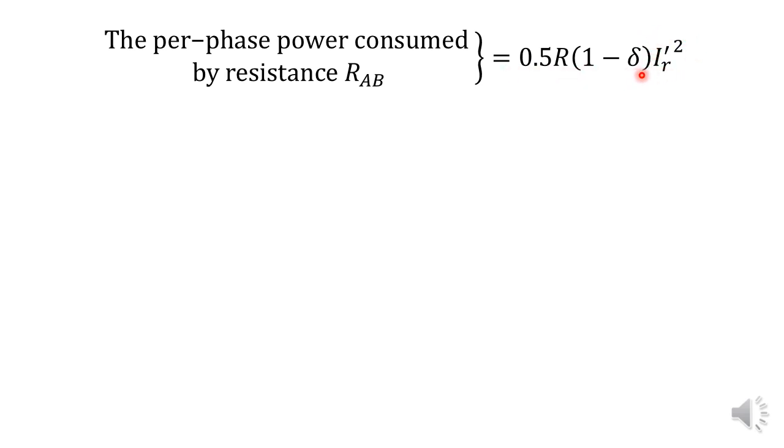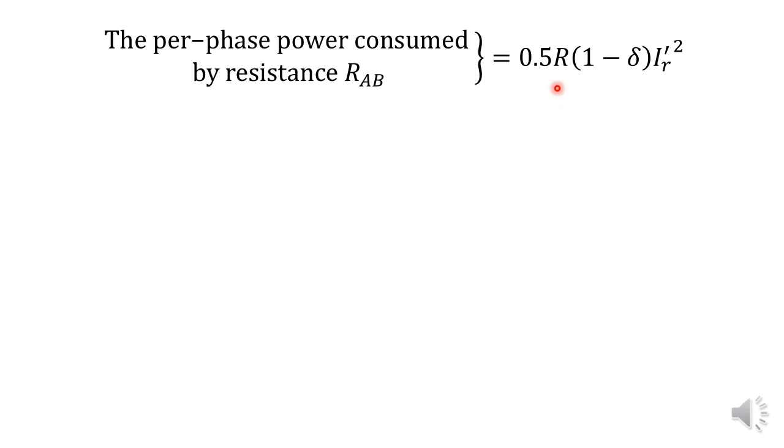In the equation for I square R, I square into another term, so this term must be the effective resistance of that circuit. So per phase resistance is equal to 0.5 into R into 1 minus delta. This is the resistance of the external circuit connected.